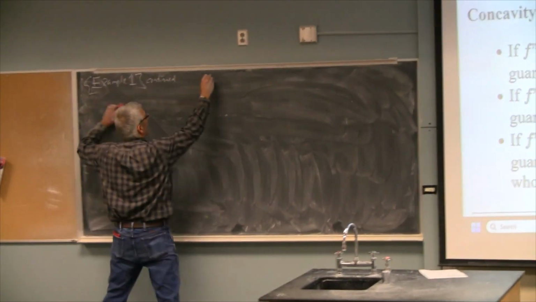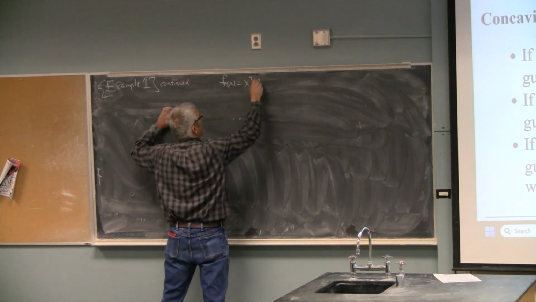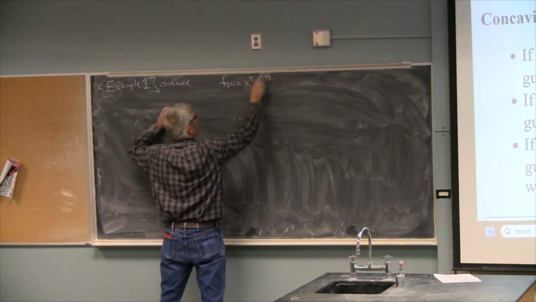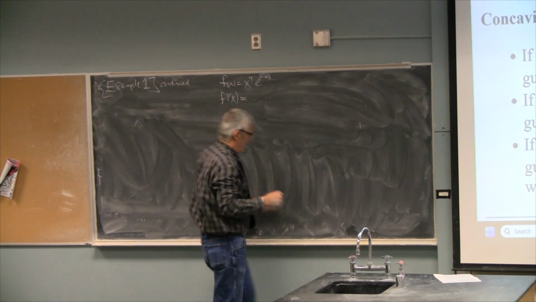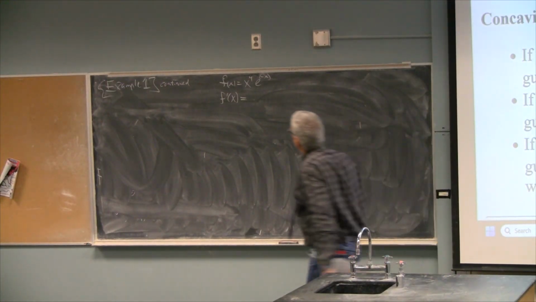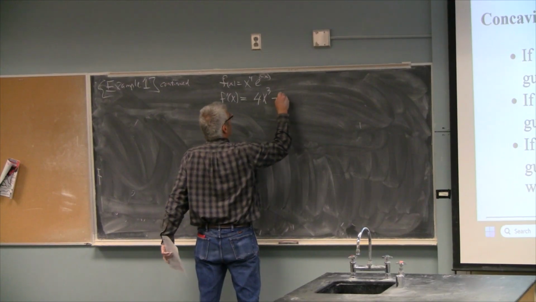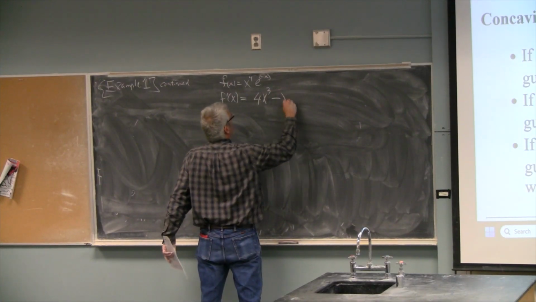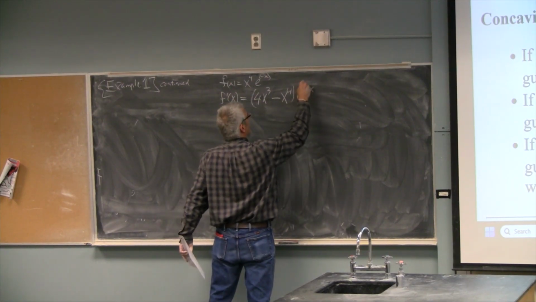Now remember, for this function, f of x was equal to x to the fourth e to the minus x, and we figured out that f prime of x equals four x cubed minus x to the fourth e to the minus x.